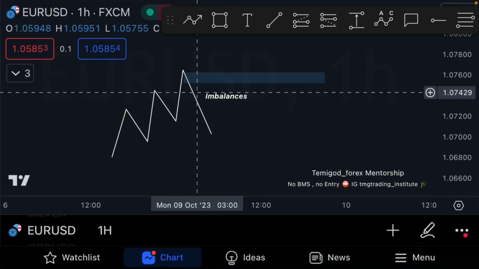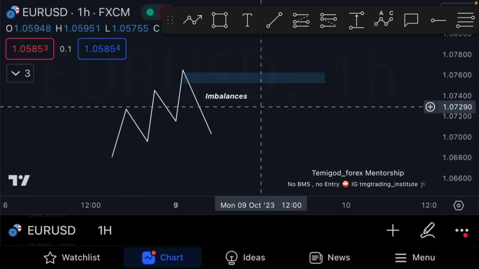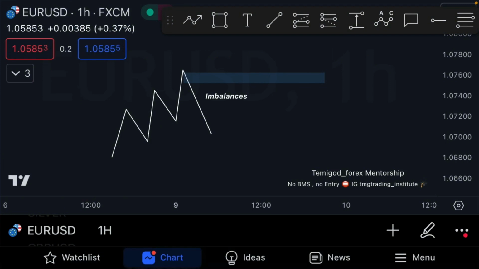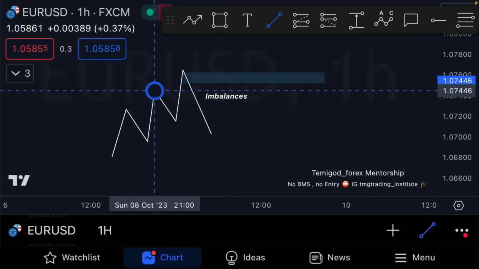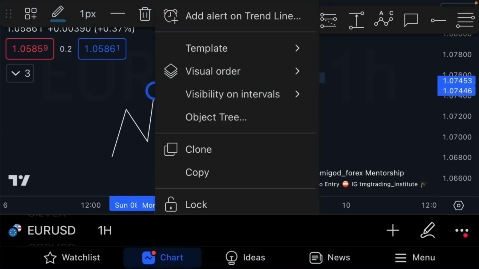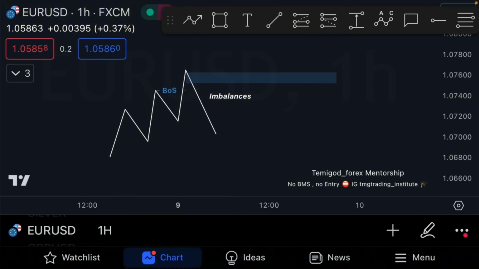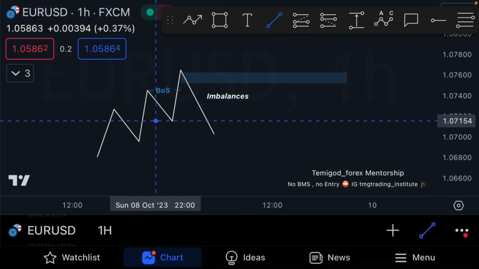So this area makes a supply zone once we have a bullish structure. Like I said, it needs to break below what? When we have a break of structure, like I explained, this is what a break of structure would actually look like. So if we break this structure, and this is our recent swing low, if you check what our support and resistance is, so if you check the previous thing I've said before going into this topic, you will understand what a support and resistance is.